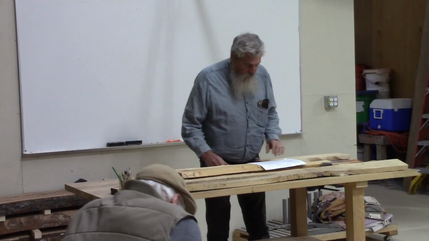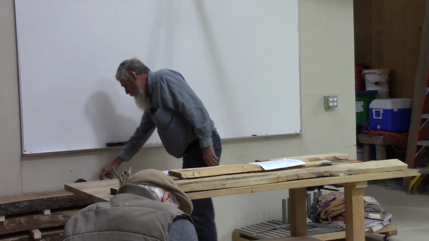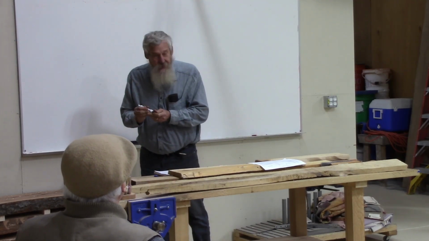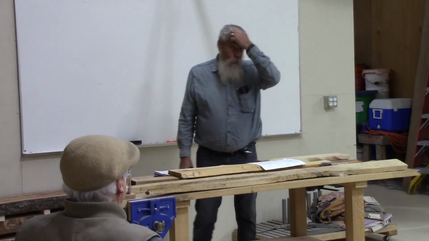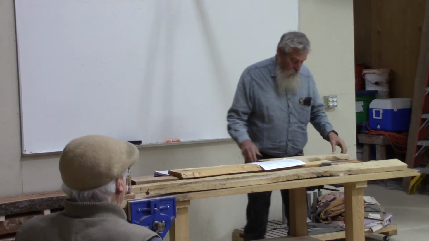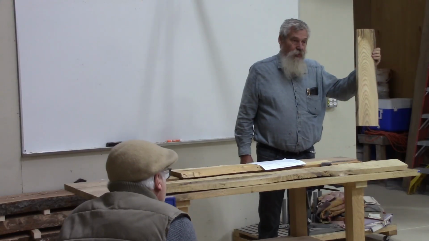So you really need to think about, when you're going to select wood, what do you want out of the piece of wood? Okay, so here's a piece of ash.